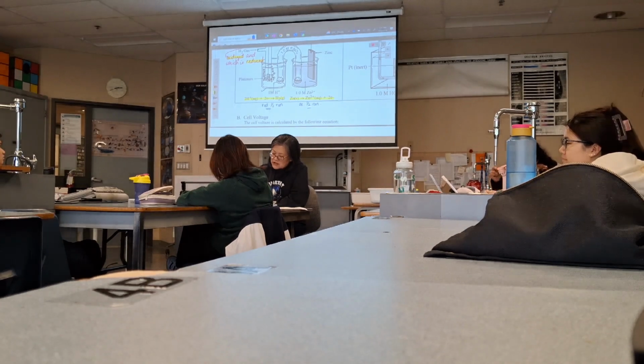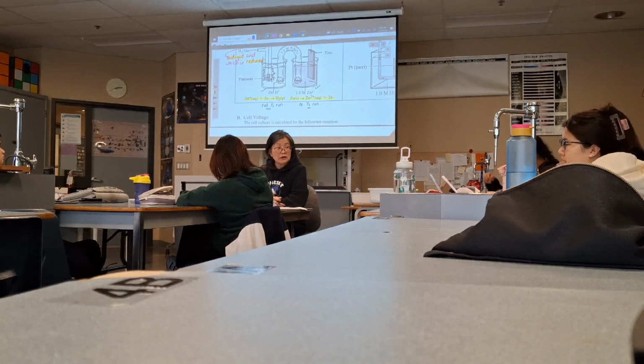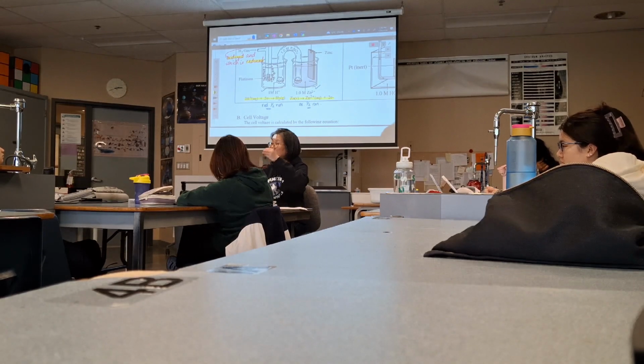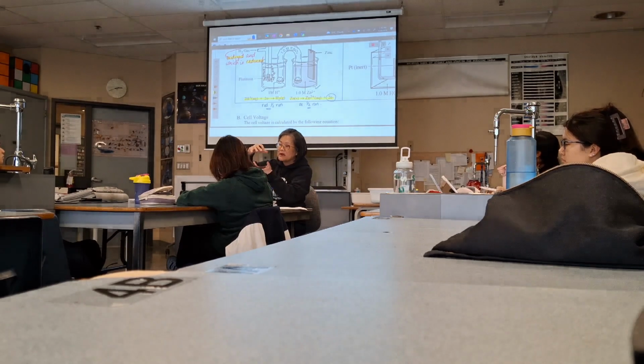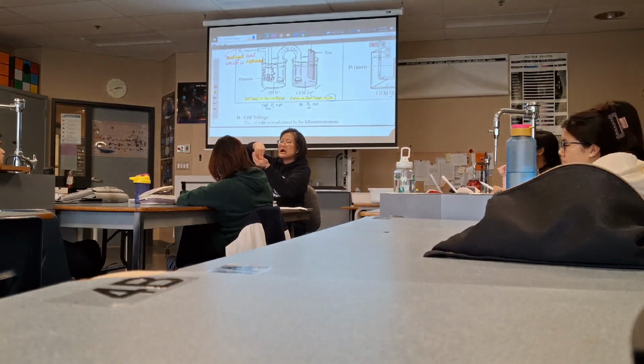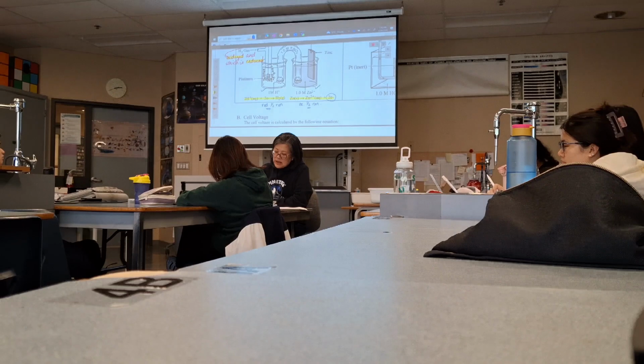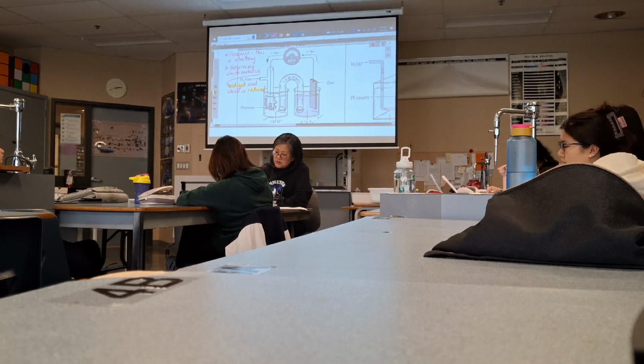And the oxidation happened in this beaker on the right. Do you see that? So in this case over here, they are deliberately kept separate because you know that this is giving away electrons, yes? But if they're in the same container, they will just directly give each other electrons. But in this case, they are forcing the electrons through a wire.